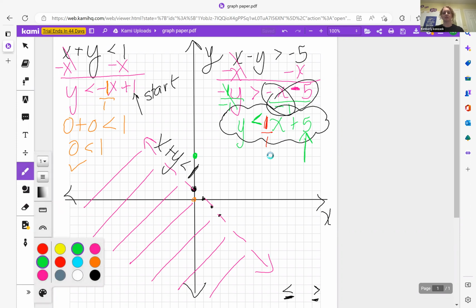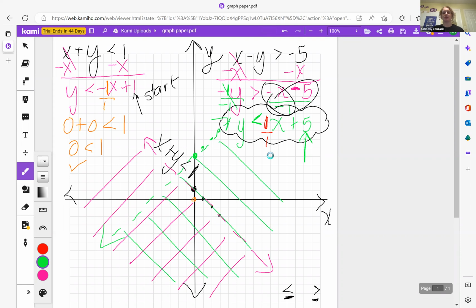I'm having way too much fun with the colors. And again, I'm going to make a dotted line. Let's see, okay, looking good. It says less than, which means I shade below.